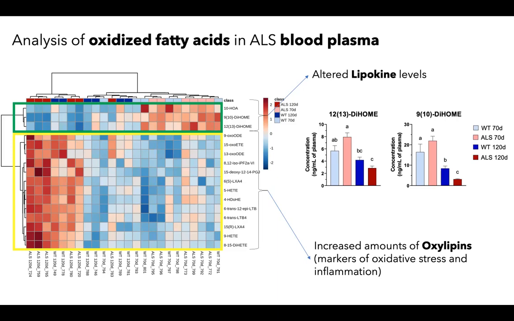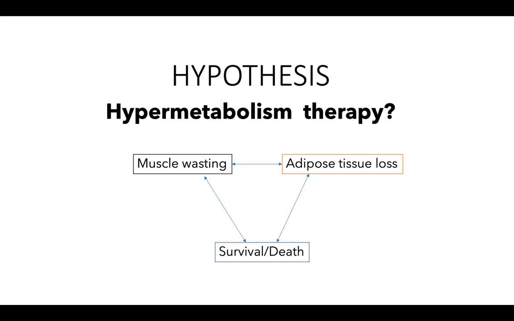Okay, and since the lipokine is in the circulation, can it cross the blood-brain barrier? And can it act like an insulin type of drug? That's a very good question. There is very little information regarding the connection of the circulation and the blood-brain barrier for this kind of fatty acid.